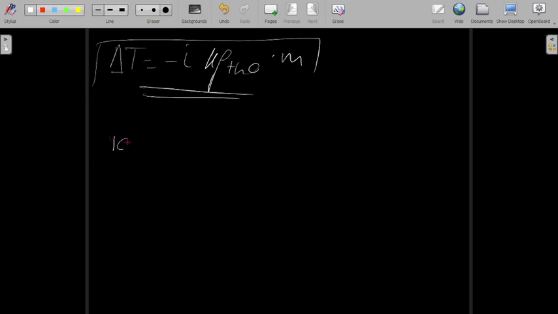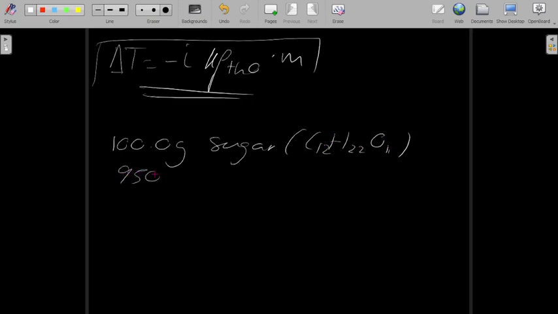We're dissolving 100 grams of sugar, and they give you the molecule: 12 carbons, 22 hydrogens, and 11 oxygens. They're dissolving this in 950 grams of water, so that's your solvent, and they give you the Kf for water, which is 1.86 degrees Celsius divided by molality.